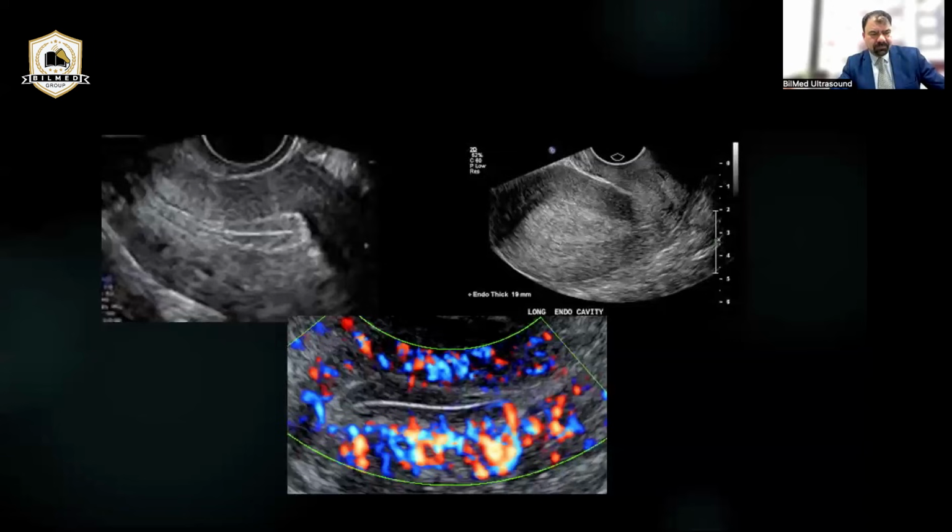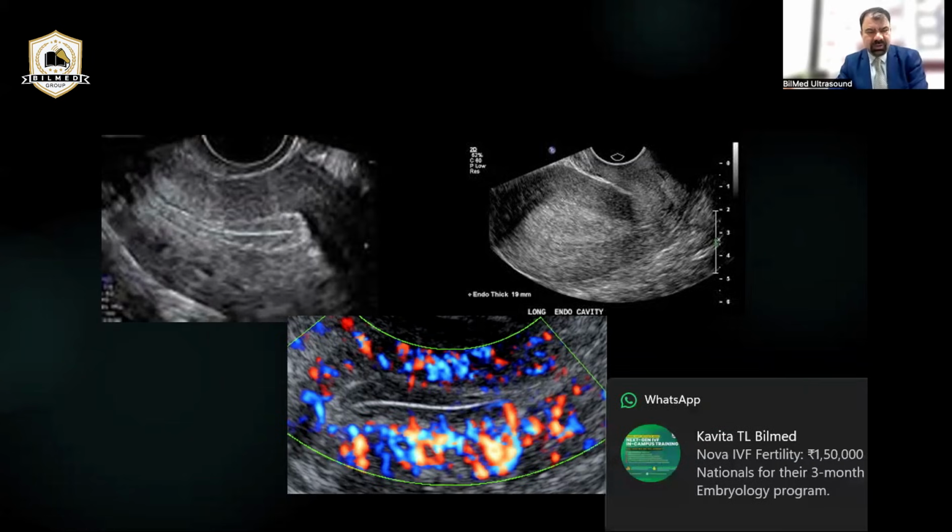Now, the last question is regarding the scale of the uterine artery. When I say scale, what is meant by the scale? When you see any flow, let me draw it over here.